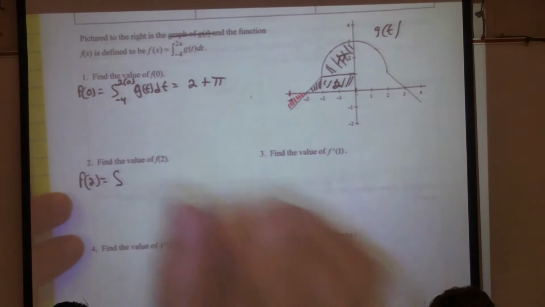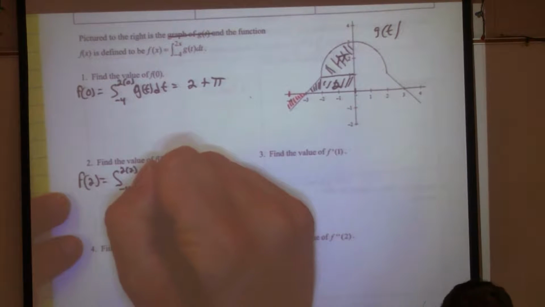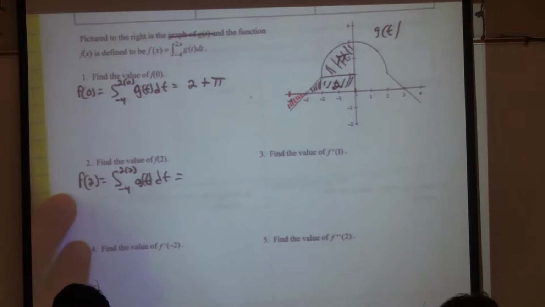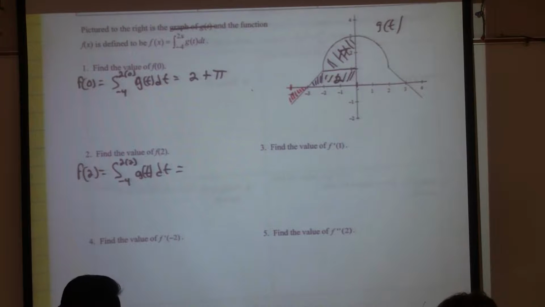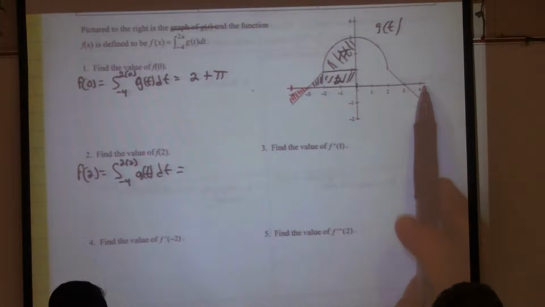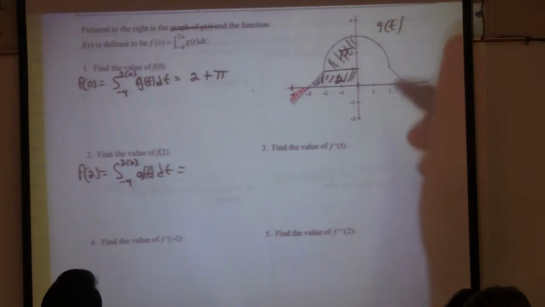That one wants me to do the integral from -4 to 2 times 2 of g of t dt. So 2 times 2, Daniela, is how much? 4. Very good. So we're going from -4 all the way to +4. So we want the whole thing, right? Yeah. Oh, okay. What do we know about these pieces over here?